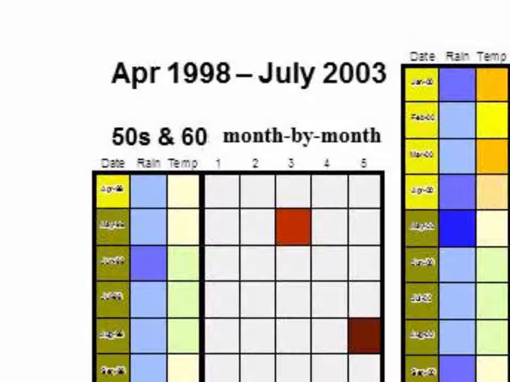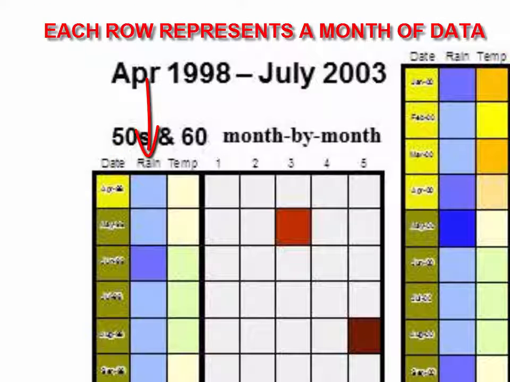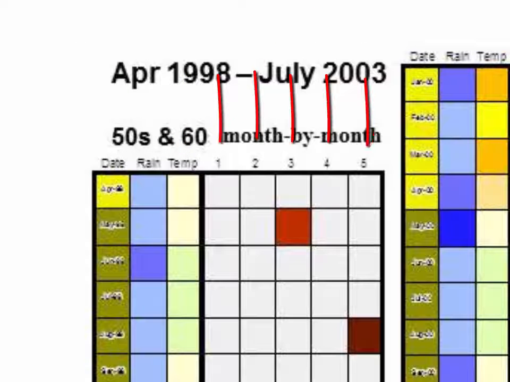Here's the date. The first column is the date in terms of month and year. We have rainfall classes down here. The lighter the blue, the lower the rainfall, the darker the blue, the higher the rainfall. We have temperature. The yellows are lower temperatures and the reds are higher temperatures.